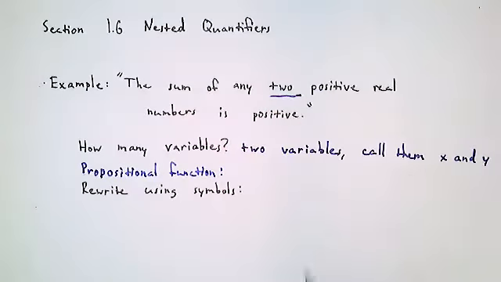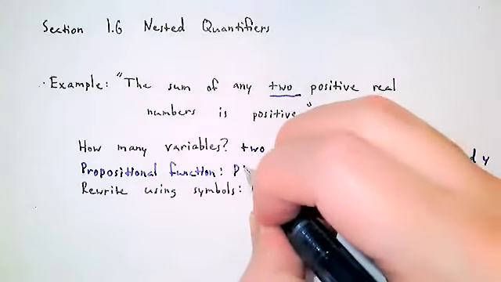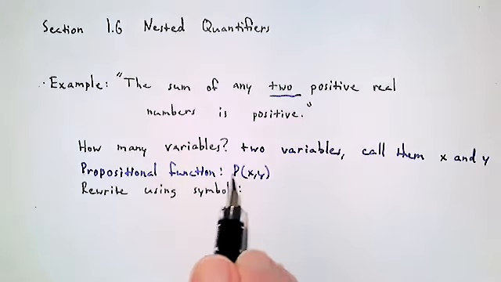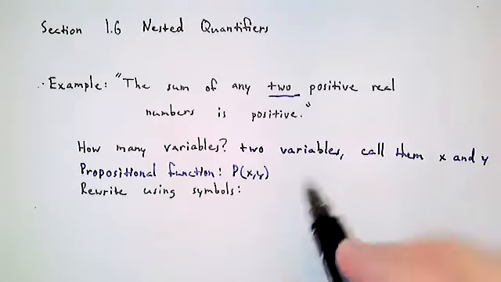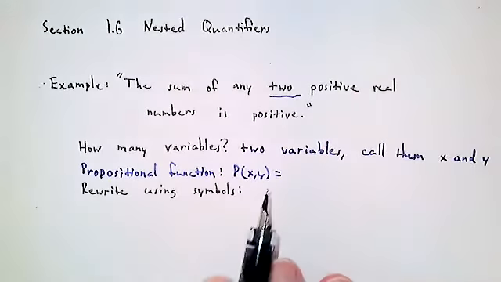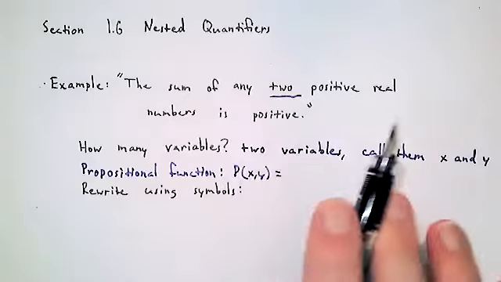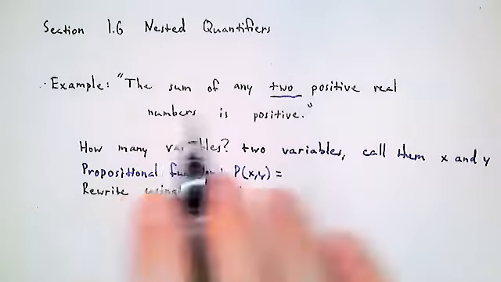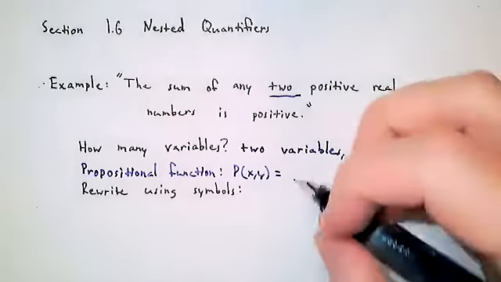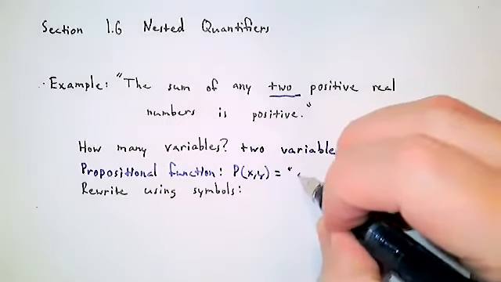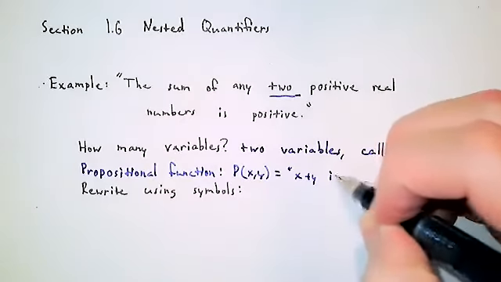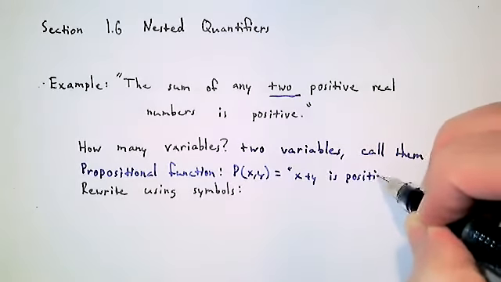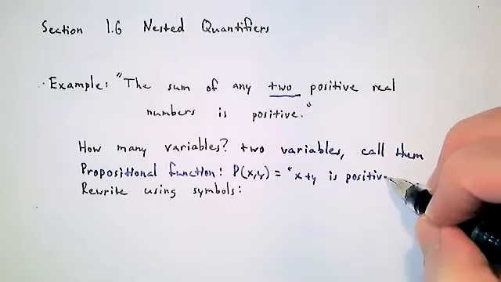It has two variables in it, so when I write it, I need to make sure I have those two variables plugged in to my function, p of x, comma y. And this is going to be a statement, or a proposition really, about the two numbers x and y. And it says the sum of them is positive, so that's x plus y is positive, or you could even write that using an inequality. You could say x plus y is greater than 0.